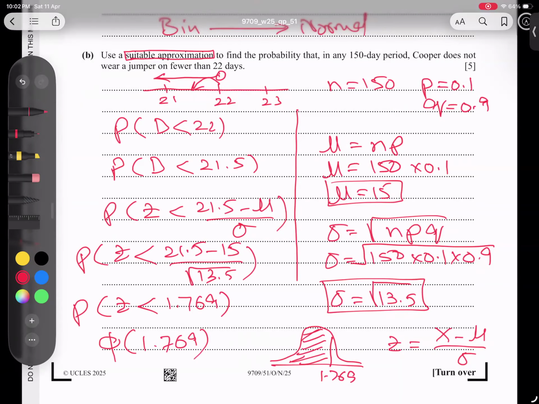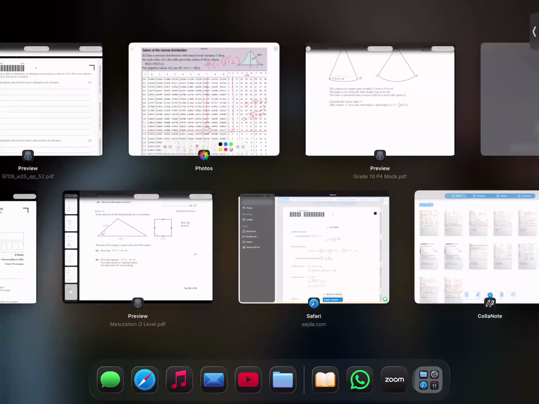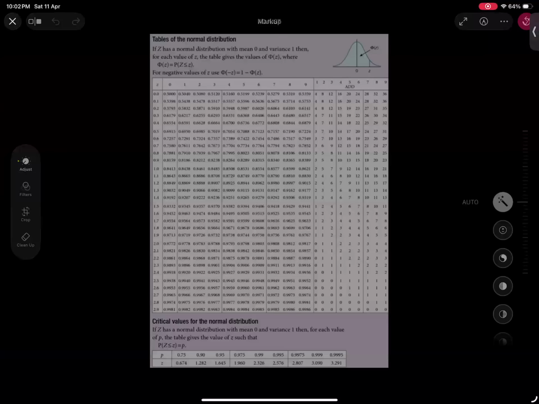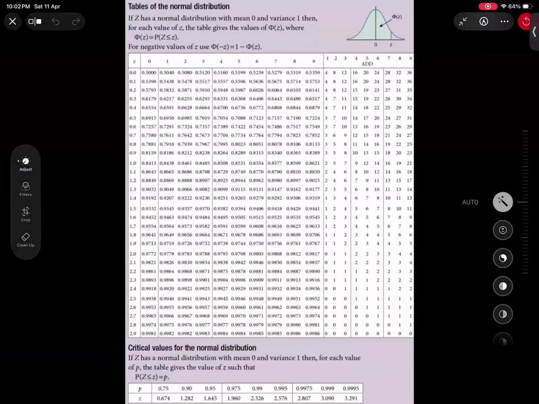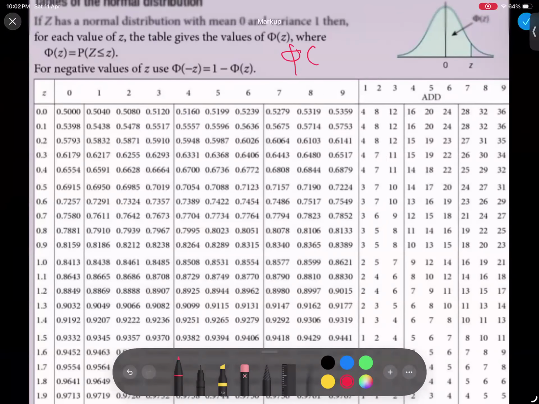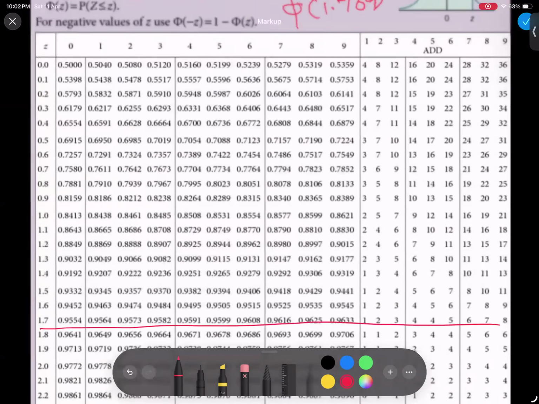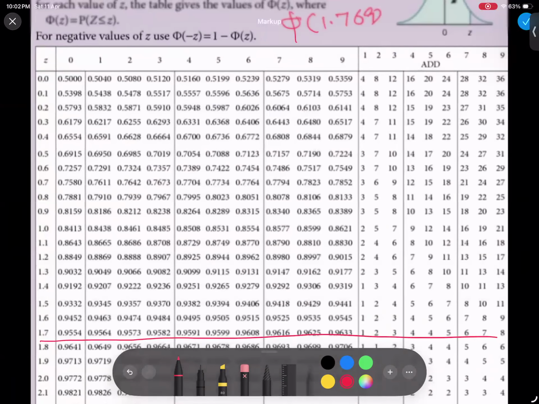Okay, now let's try to find it from the table. The table we have already here, students. I'm looking for phi of 1.769. And 1.7 is where? This line. So 1.7, which number? Let me check. 1.7, 6.